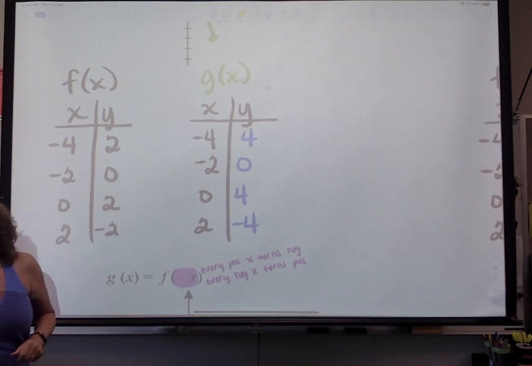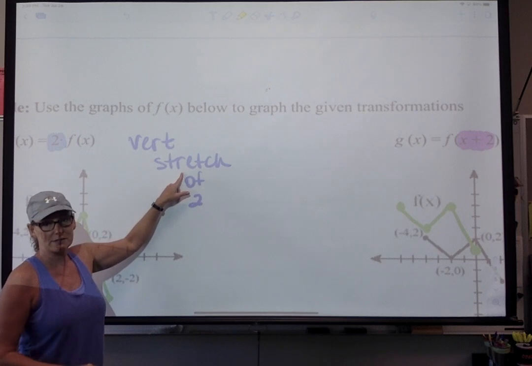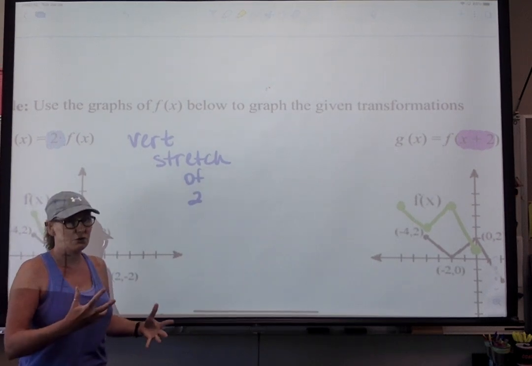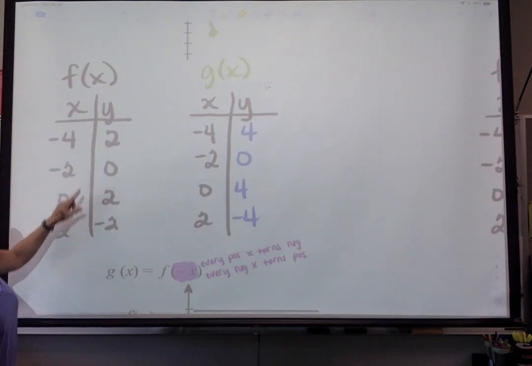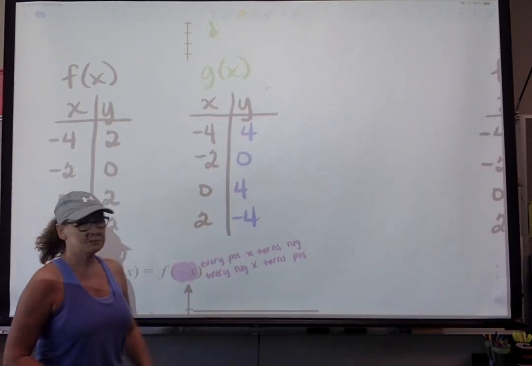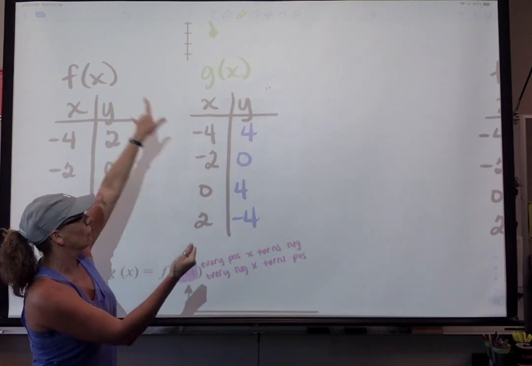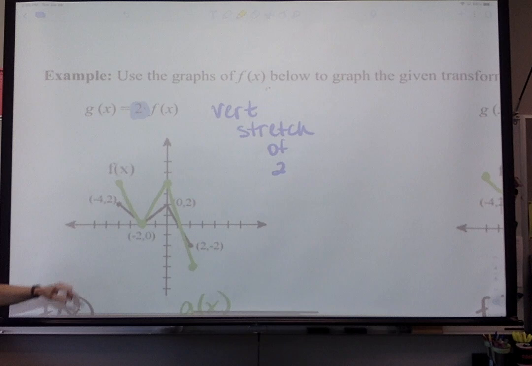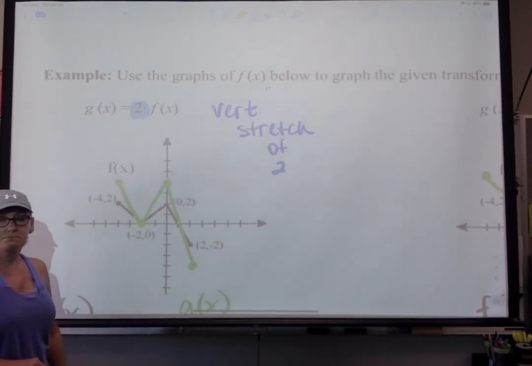Then I did this to my points, just to the y's. Vertical. So instead of these y's, now I'm using these y's. Then I grabbed a different color pen and graphed them in green. So I graphed the point (-4, 4), and so on.